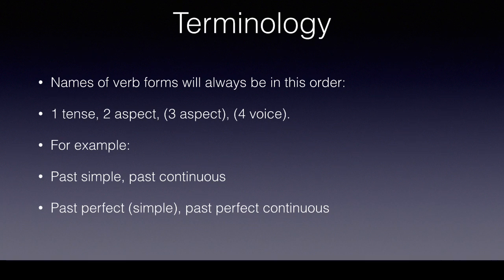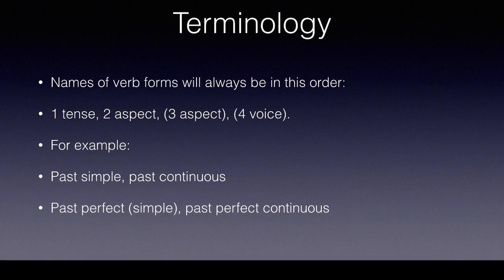Then in the next slot there will be aspect, and also in the third slot as well if there are 2 words for the aspect. In the 4th slot we have voice, that's active or passive. Basically I won't say anything if it's active, but if it's passive then we will have the word passive there.